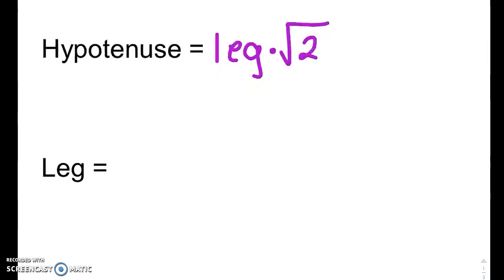And if you want to go backwards and find a leg, you would do the opposite. You would take the hypotenuse and divide it by radical 2 to move backwards.